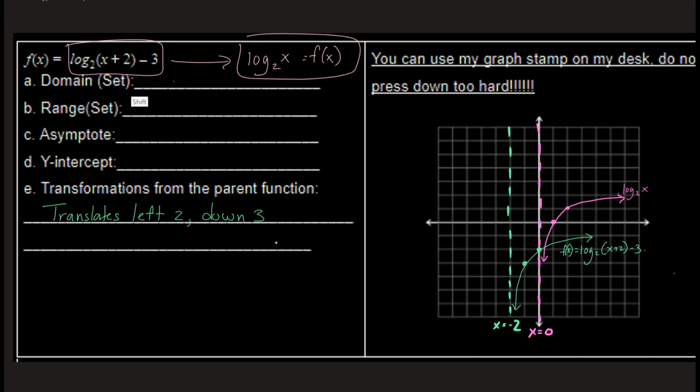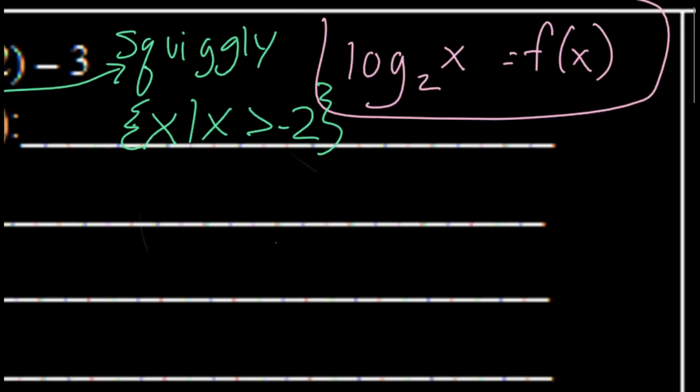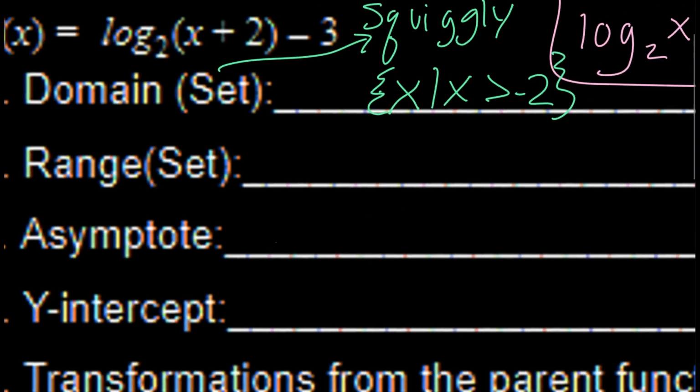Infinity. So in set notation, I have a squiggly bracket, x such that x is always what? Greater than, not equal to. I'm not touching -2, that's an asymptote. So it's always greater than -2.